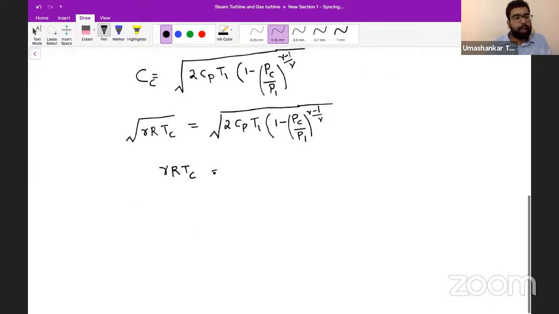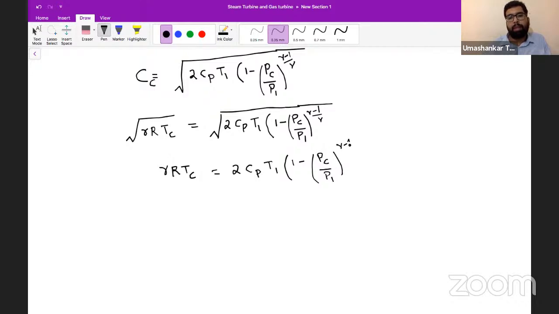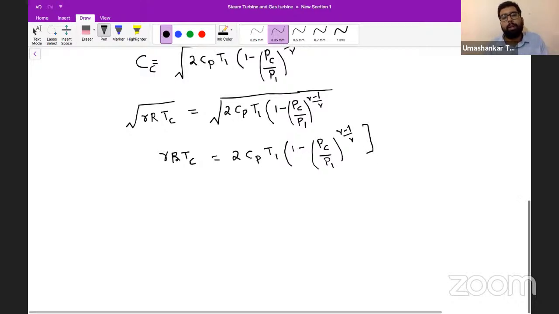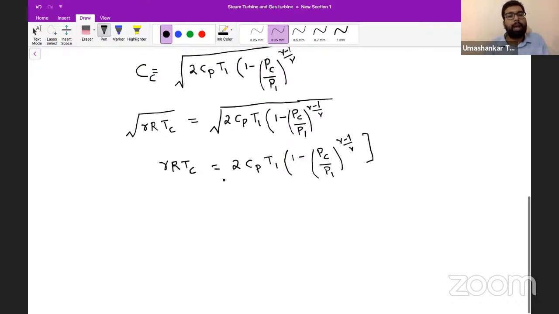So I can write it like 2 Cp T1 times 1 minus PC by P1 to the power gamma minus 1 by gamma. So here we go: gamma R TC equals 2 Cp T1 times 1 minus PC by P1 to the power gamma minus 1 by gamma. So what is our target?